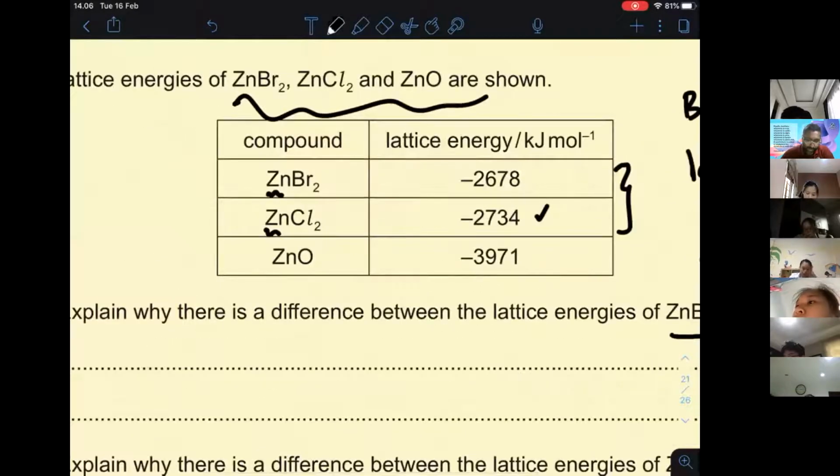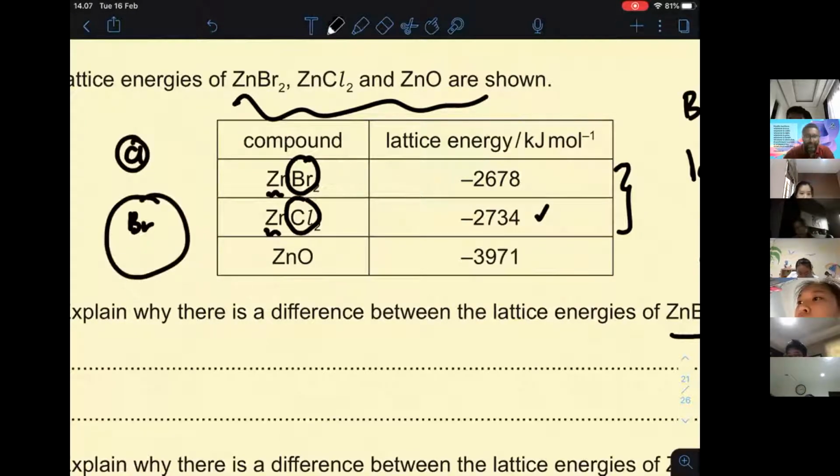Cl minus is going to be smaller, and Br minus is going to be bigger. If you have a bigger ion, the ability to form bonds between zinc 2 plus and the Br will be weaker, because they are bigger.